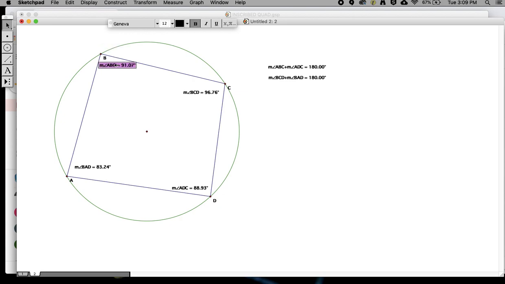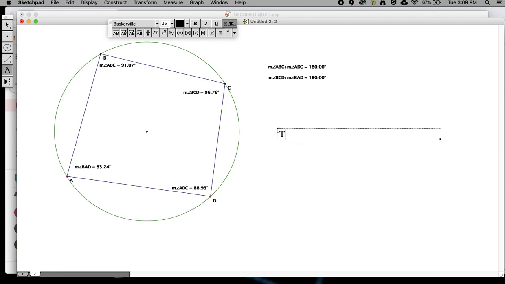So one thing that we know, and yes, of course you want to put it into your notes, is that the opposite angles of an inscribed quadrilateral are always supplementary.